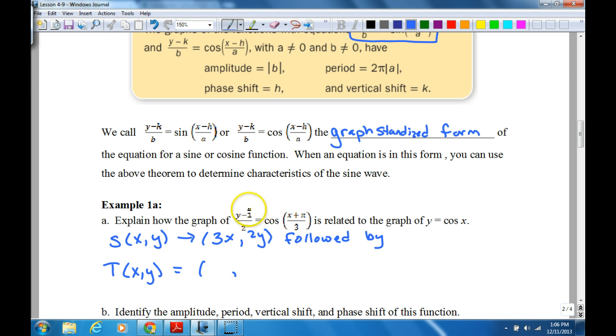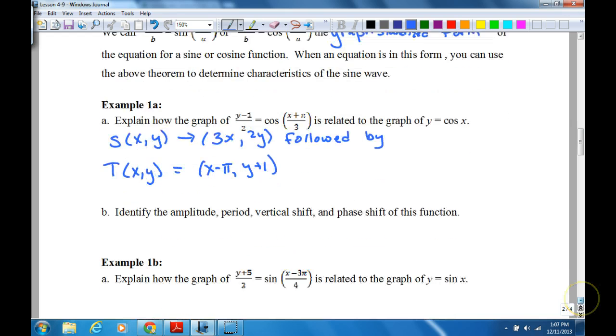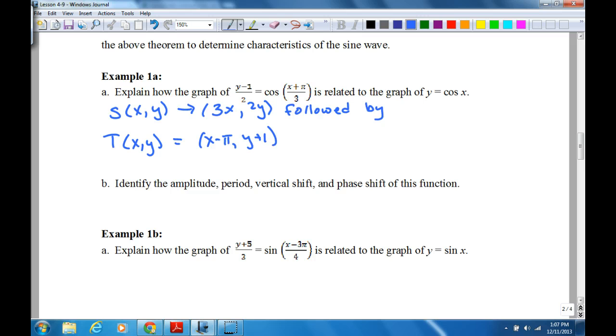Okay, so y plus 1, because this is a minus 1 here, right? Yeah, so y plus 1, and x minus pi. Good. Very good. So when it's all said and done, it should be y plus 1 over 3, or no, over 2. Yep. Okay, so now it says identify the amplitude, period, vertical shift, and phase shift.